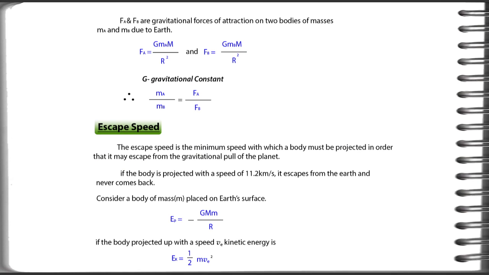Fa and Fb are gravitational forces of attraction on two bodies of masses ma and mb due to earth. Fa equal to G ma capital M by r square and Fb equal to G mb capital M by r square. Here G is the gravitational constant, hence ma by mb equal to Fa by Fb.